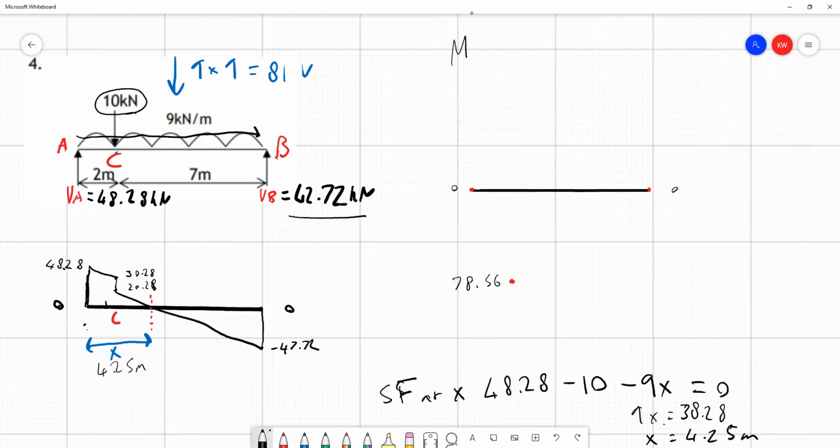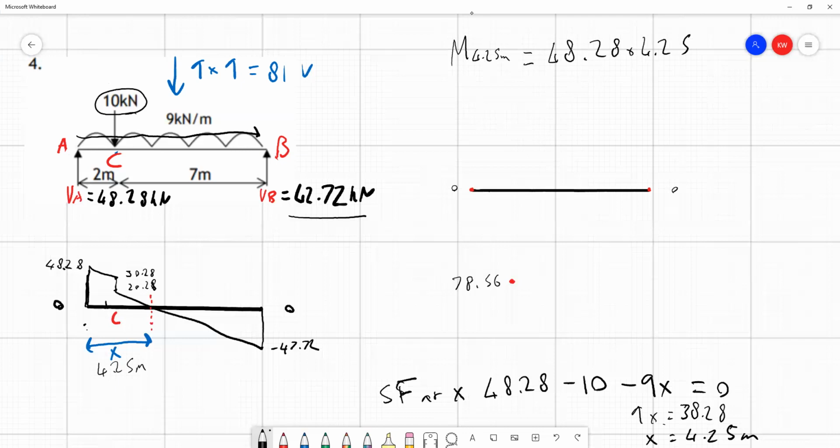So the bending moment at 4.25 meters, well, similar to the shear force diagram, we start from the left. We have the force at A, which is going to be 4.25 meters away from this point, so that's going to be 48.28 times 4.25. We've got the force of C to consider.